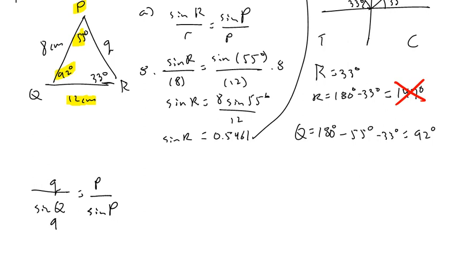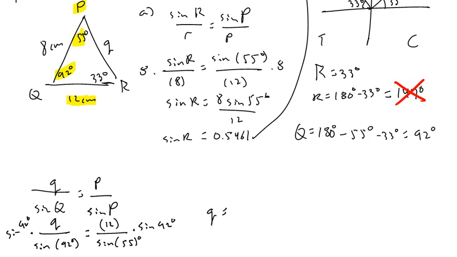So that'll give me Q over sine of 92 equals 12 over the sine of 55. Multiply both sides by sine 92. Throw that into our calculator, and we end up with Q equals 14.6 centimeters.